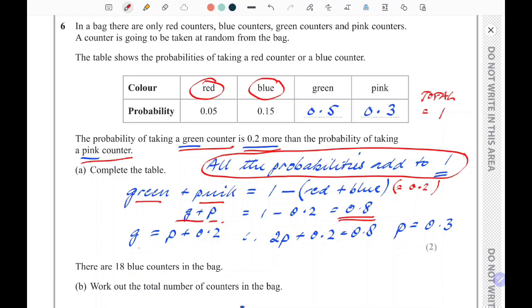We then know that the green is the pink probability plus 0.2, all right?